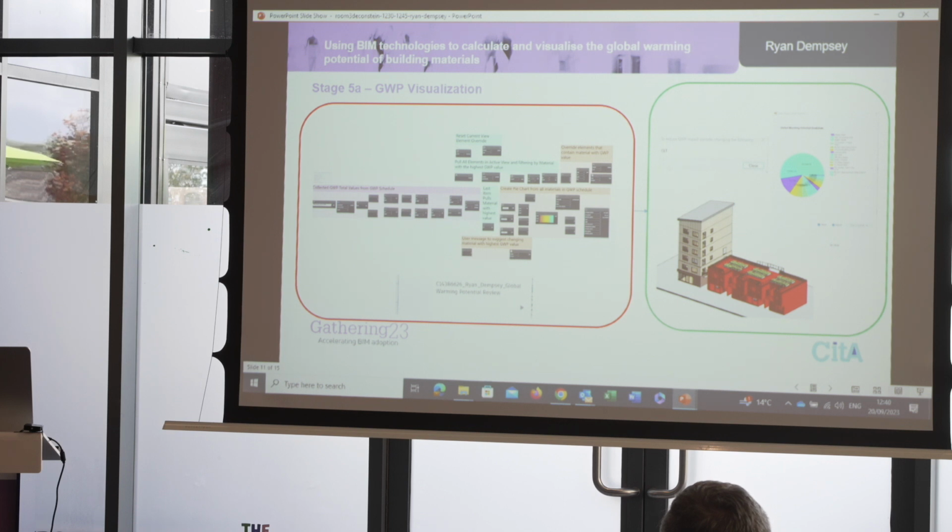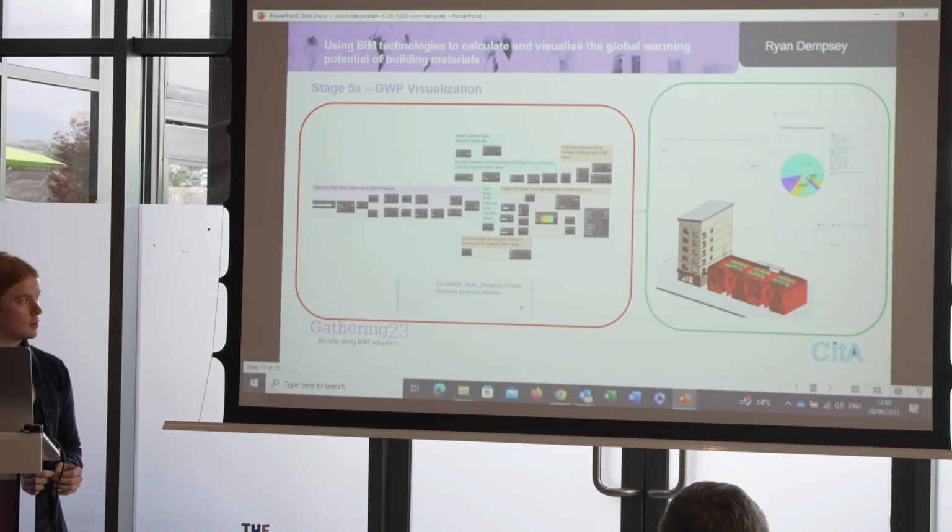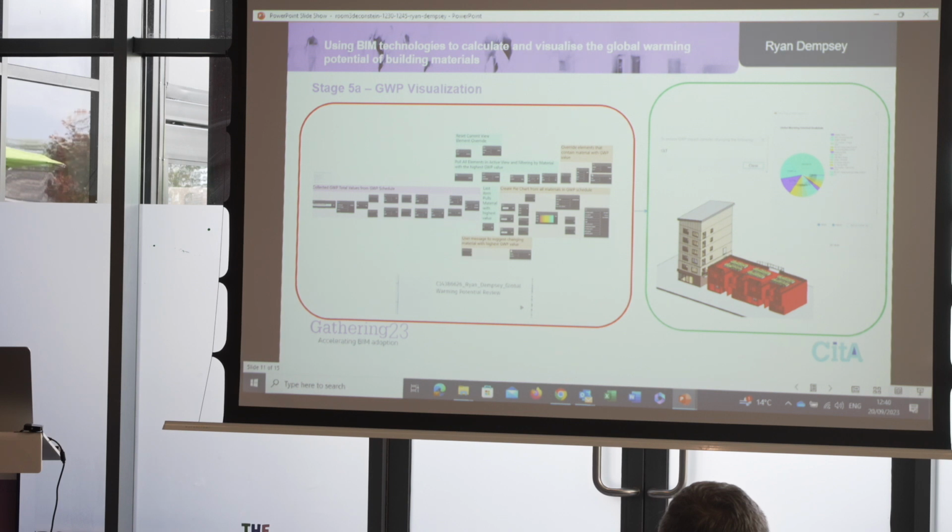What this script essentially aims to do is collect all the values in the schedule that was in the previous slide, take the highest element, and give you a notification of what the element is. It also highlights it, it overrides any element that material is associated with in the current view. It'll highlight it red and isolate it, and then also give you a pie chart of all the materials in the model, and just show you the percentages.